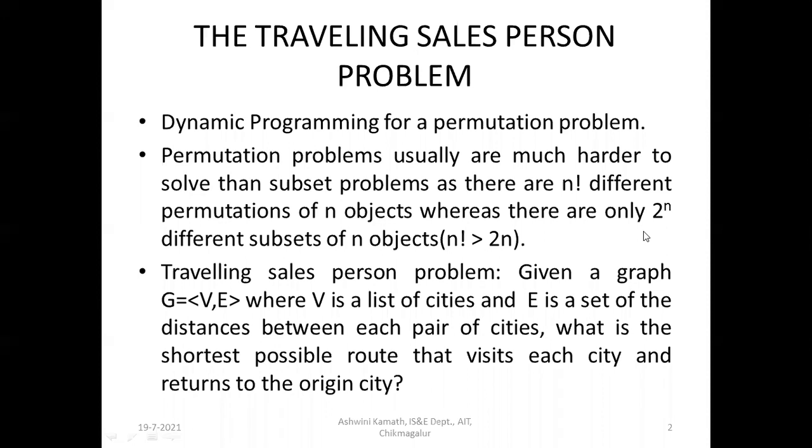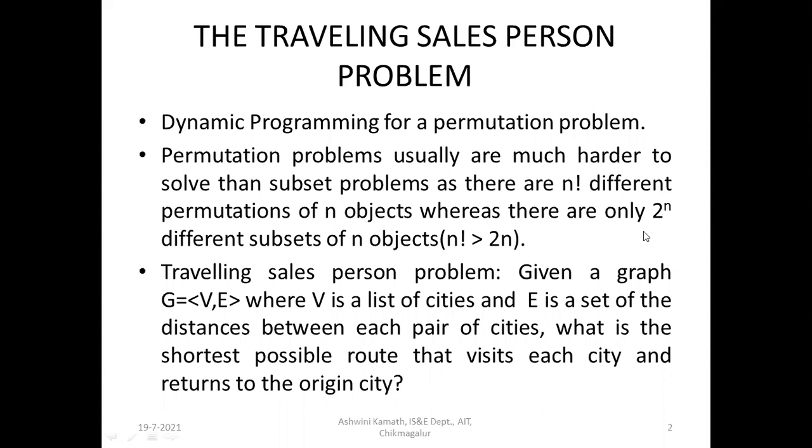From that city, he has to visit all the cities given in the graph, all the vertices, and he has to return to the city where he began his tour. For example, if he started from city 1, he has to reach back to city 1. In between, he has to visit all the cities.